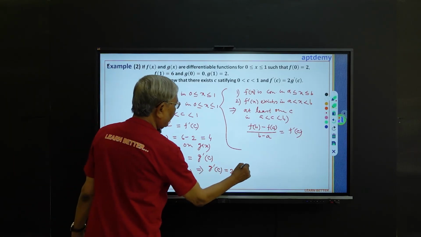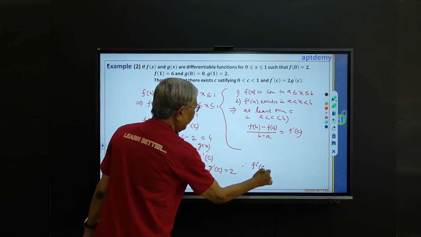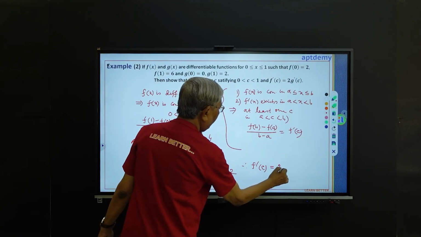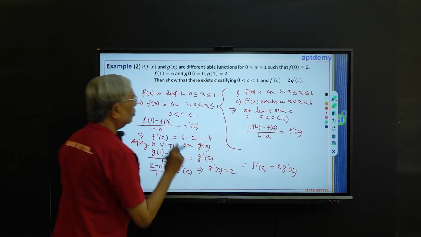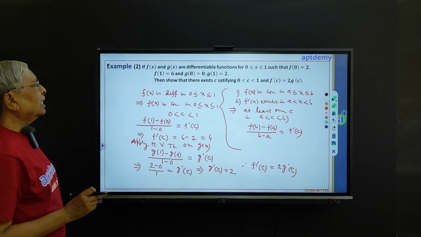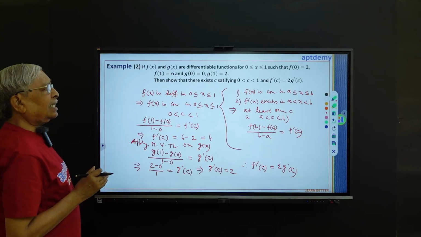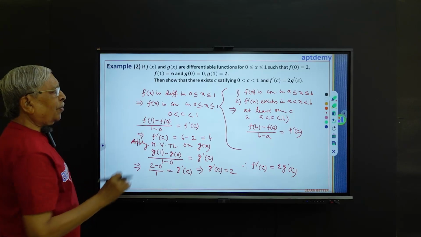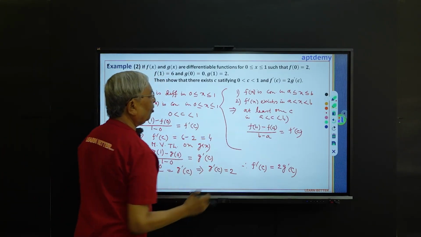Therefore, you can say that f dash c is equal to 2 into g dash c. So we have to show that f dash c equals 2 g dash c. Again, I will explain this. You are given two functions f(x) and g(x) are both differentiable, both are continuous, and so these two conditions are satisfied. The mean value theorem states that f(b) minus f(a) by b minus a is equal to f dash c.